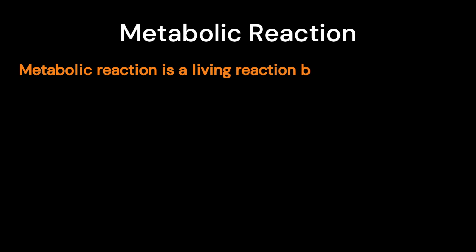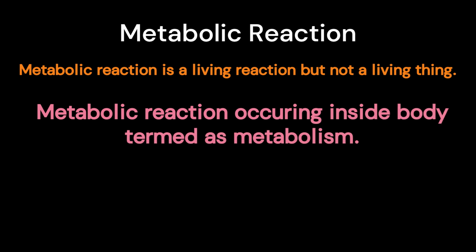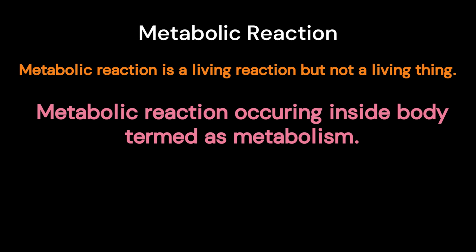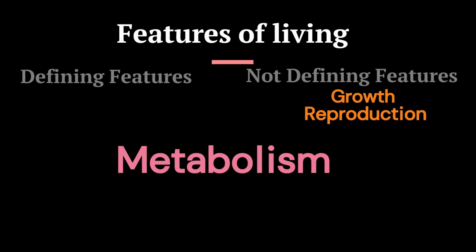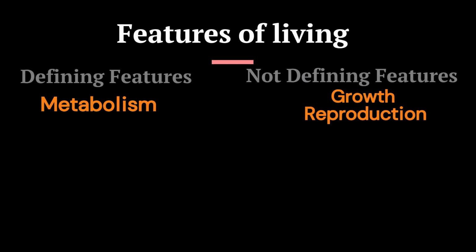A metabolic reaction is a living reaction but not a living thing. If metabolic reactions occur inside the body, then we call them metabolism. Since metabolism is exclusively present in all living, hence it is a defining feature. You must keep in mind that metabolic reaction is not a defining feature, as it can be performed outside the body in a cell-free system.